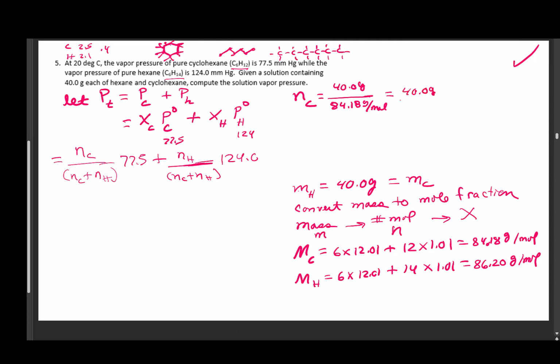Or dimensional analysis, 40.0 grams. You put that over 1 times 1 mole. So 40 divided by 84.18 is 0.475.